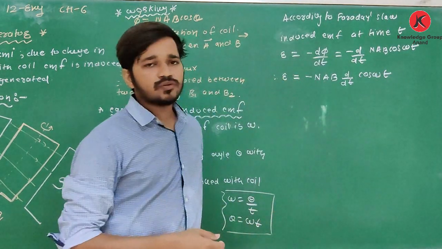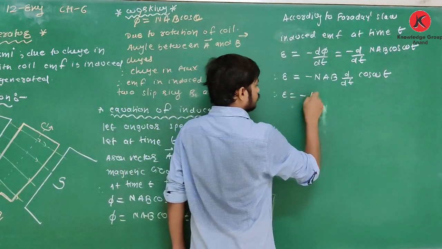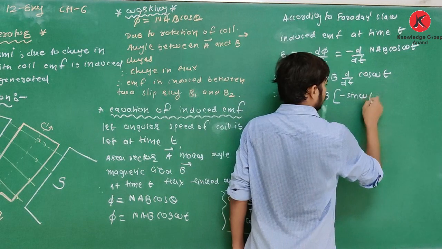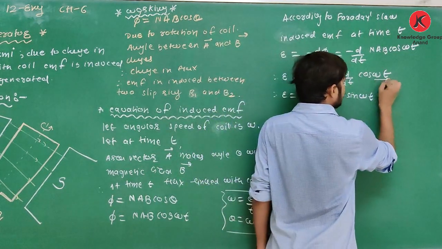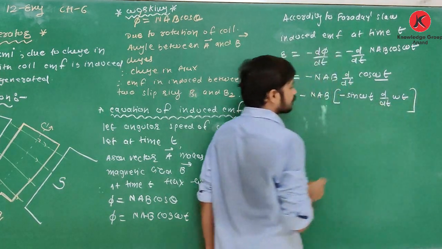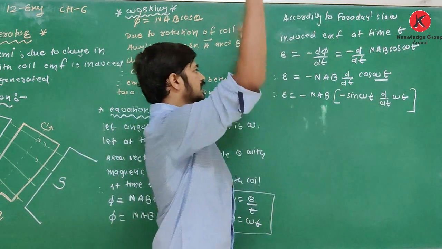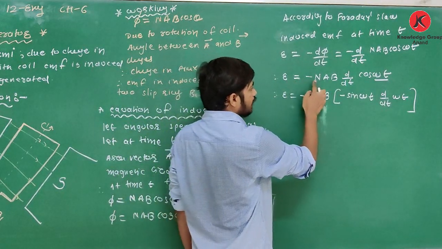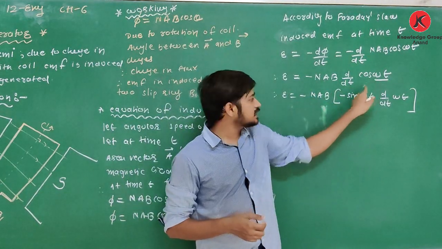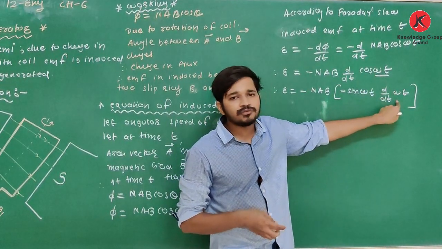And you know the differentiation of cos is minus sine. So therefore E is equal to minus NAB, now it is minus sine omega t. And as it is an additional term, you have to differentiate it again.